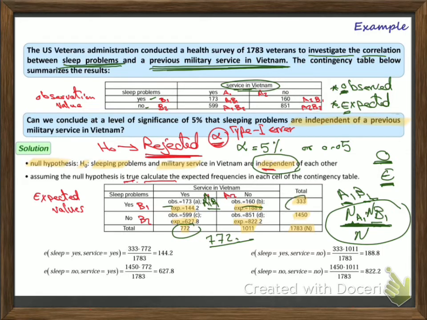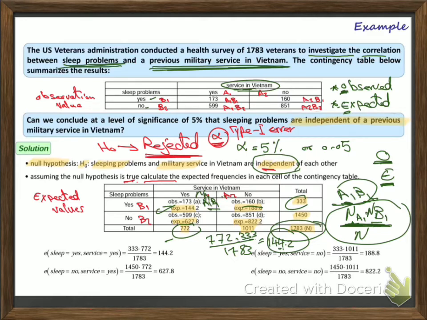This is B1, 333. Divided by the total, what is N total? This is N of A1, this is N of A2, this is N, 1783, okay? So by calculating, I get 144.2, which is the expected value for the cell A1, B1. The same thing we can do for any other cell.